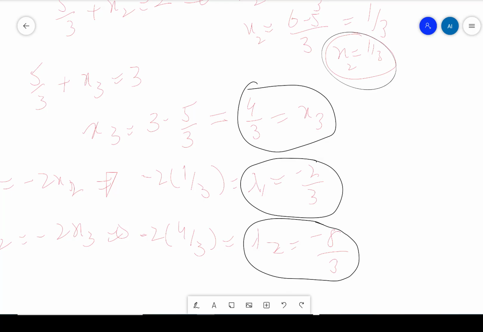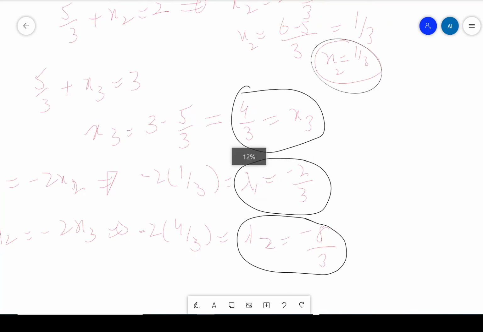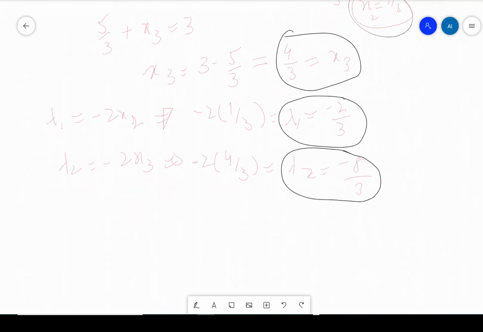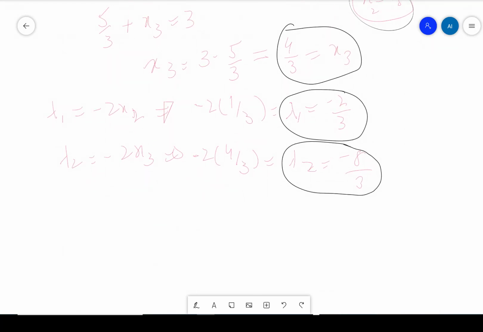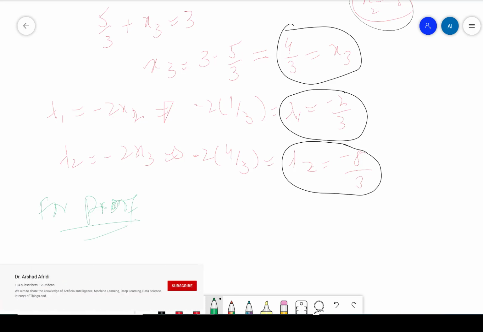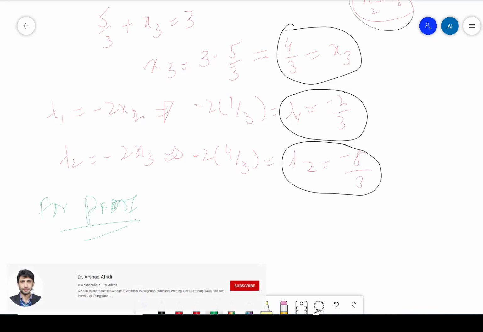So these are the values which minimize that function. So let's confirm whether the values are true or false. For that, we will put these values in one or two equations to confirm whether these values are correct or not.